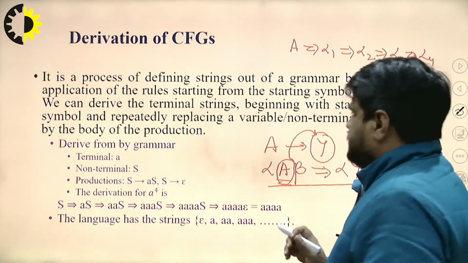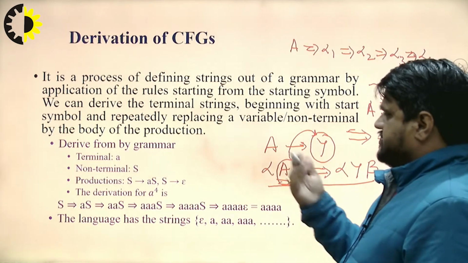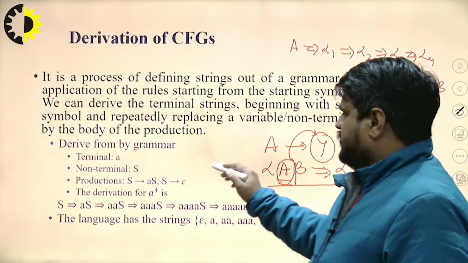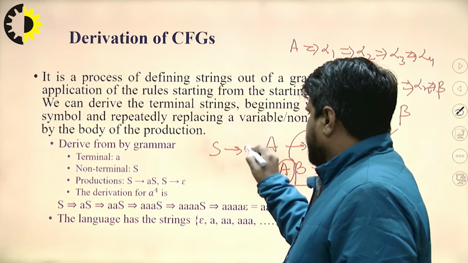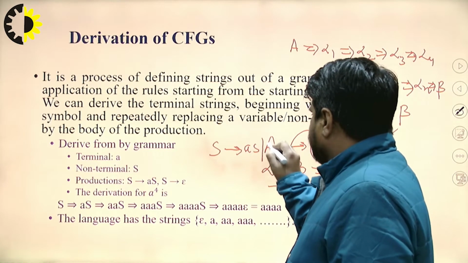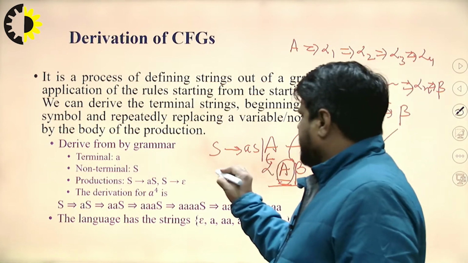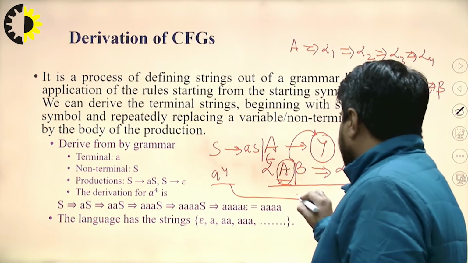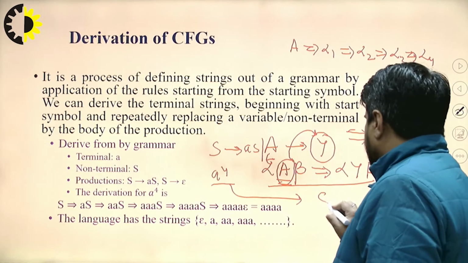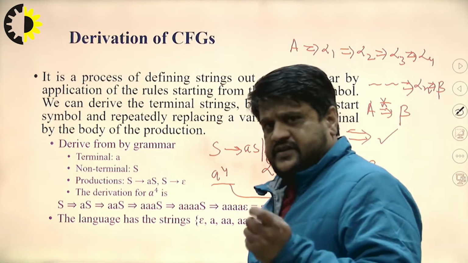Here we will take an example of how derivation is performed. Consider a grammar S tends to AS or epsilon, and we want to derive the string a to the power 4. We start from the starting symbol, because in order to generate a string of a grammar we start from its starting symbol.